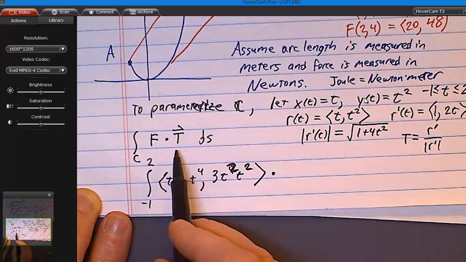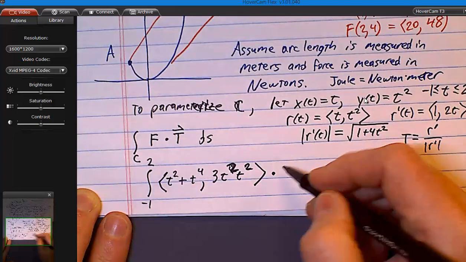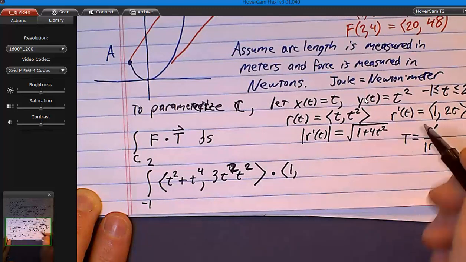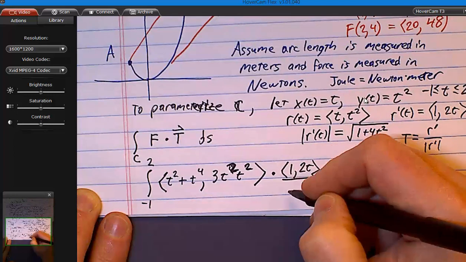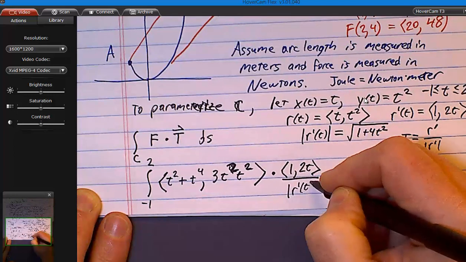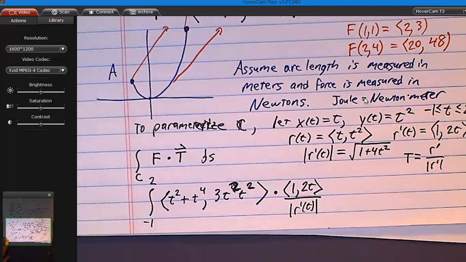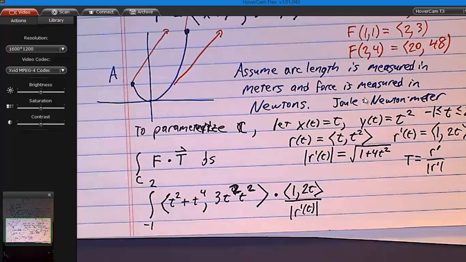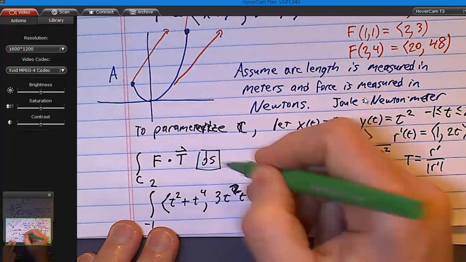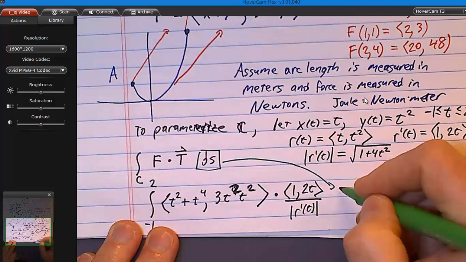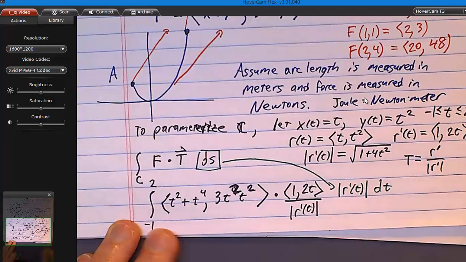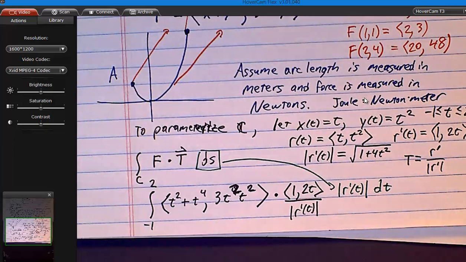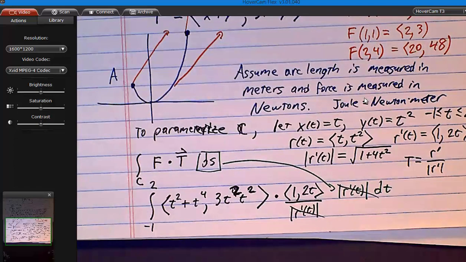Well, T, and T, of course, is 1 comma 2t divided by the length of r prime of t. But the funny thing, as I told you, is that when you substitute in for ds, you can change it to r prime of t dt. So the r primes are going to cancel. Whatever it is, I computed it, and I don't need it, though. That's kind of the point.